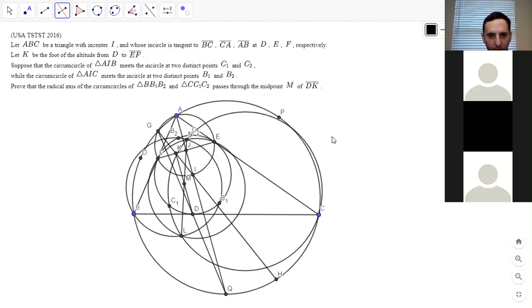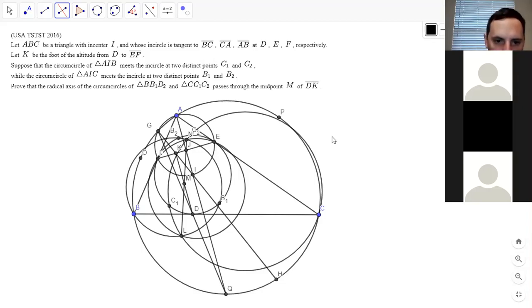We have to show that M has the same power with respect to those two circles. Or the Gergonne point. I, AIC, and AIB. So that, okay.